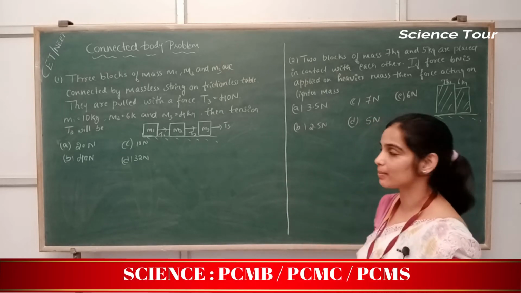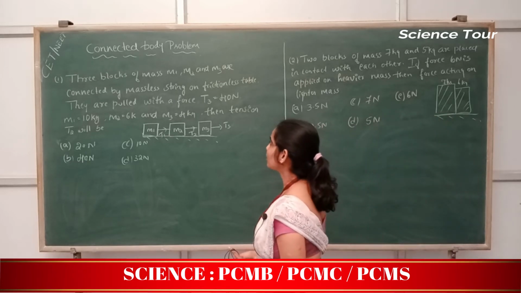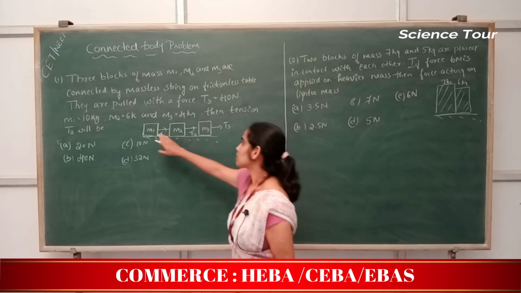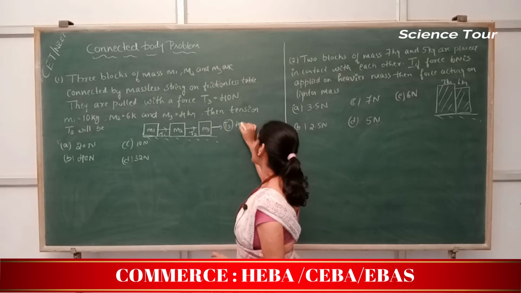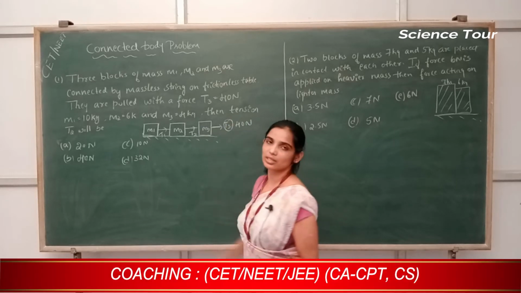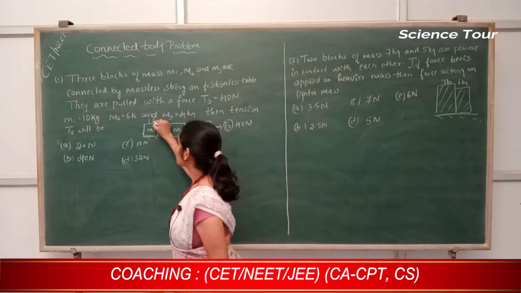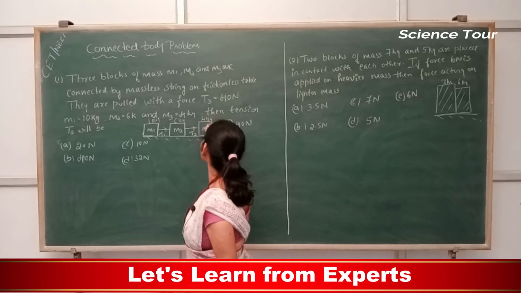On a frictionless table, they are pulled with the force T3, which is equal to 40 Newton. M1 is 10 kg, M2 is 6 kg and M3 is 4 kg.